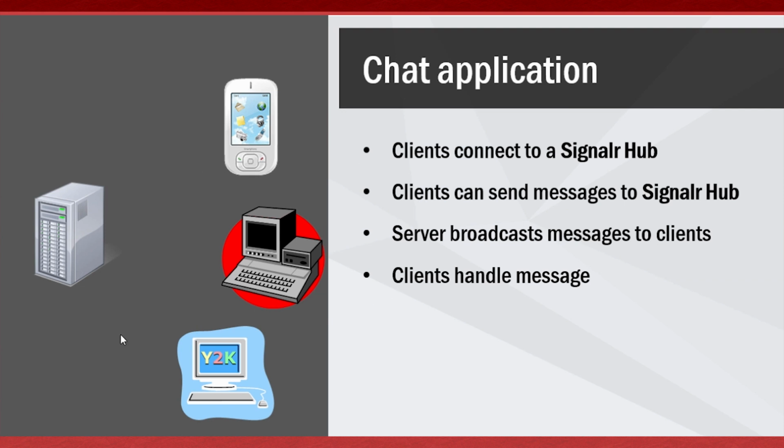Now, how this is going to happen is all the clients are going to connect to a SignalR Hub, like we saw before, but the clients can send messages to the SignalR Hub in real time. And then it can broadcast a message out to each of those clients. So this could be anything. This could be as simple as sending out a text message, which is going to be broadcast out to everyone else. But it could also be used for something like measuring sensors.